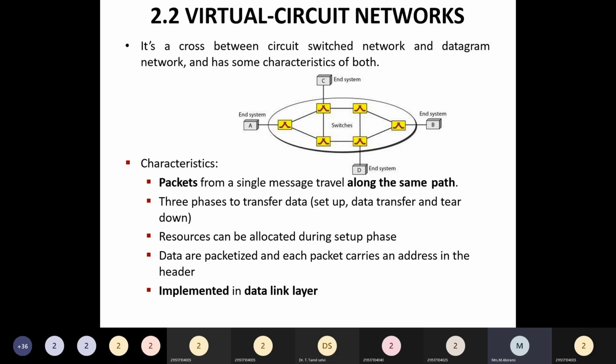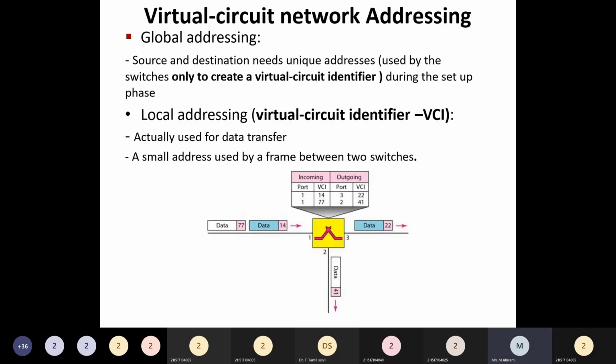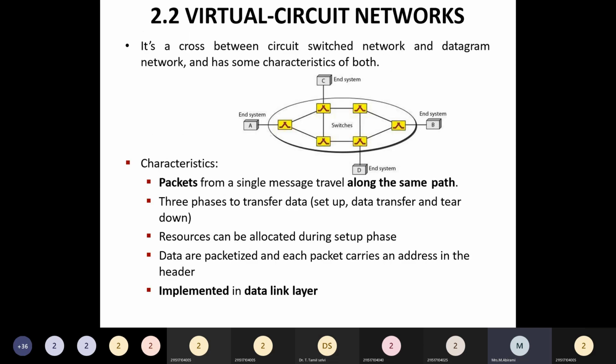Node 1 and node 2 transfer the data between sender and receiver. Then the communication is disconnected: a clear signal is sent, and if the sender wants to terminate the connection, it is terminated automatically. Can you understand this is a virtual circuit network?